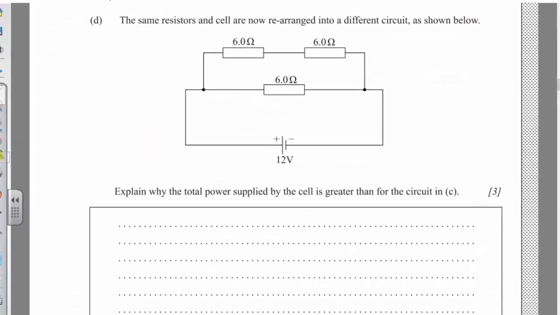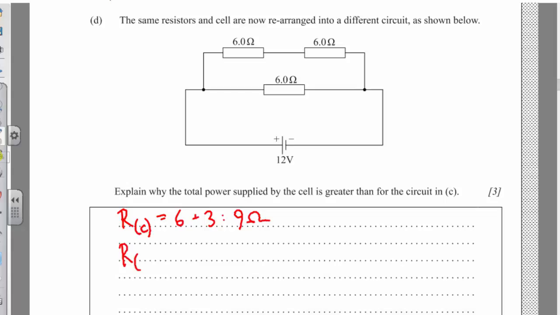The same resistors and cell are now arranged into a different circuit as shown. Why is the total power greater than for circuit C? Okay, R in question C was 6 plus 3 equals 9 ohms.